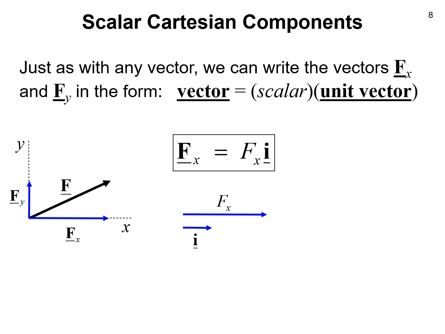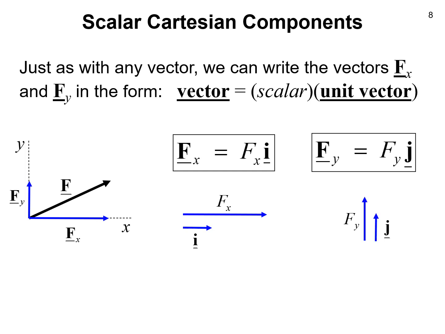So you have the i vector as a reference, and the fx scalar is now telling us how long that vector is, and together they tell us the entire component of the x direction of that vector. Similarly, the fy component can be written as a scalar fy for the magnitude of the y component, multiplied by the unit vector j.